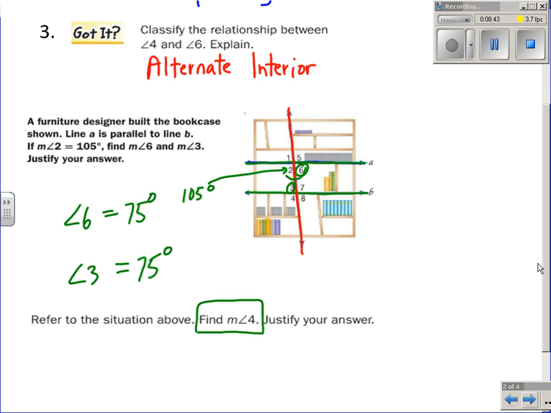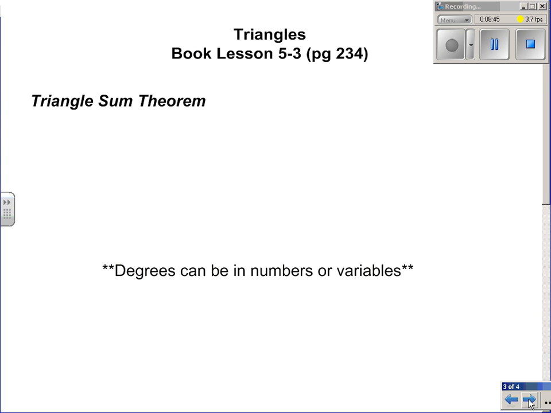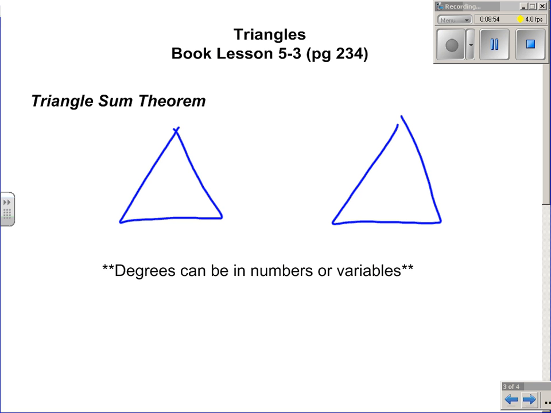All right, I'm going to go ahead and flip to the next page where we're going to talk about triangles and the triangle sum theorem. So go ahead and copy that down. We're going to draw 2 triangles here. And we know that a triangle has 180 degrees in it.